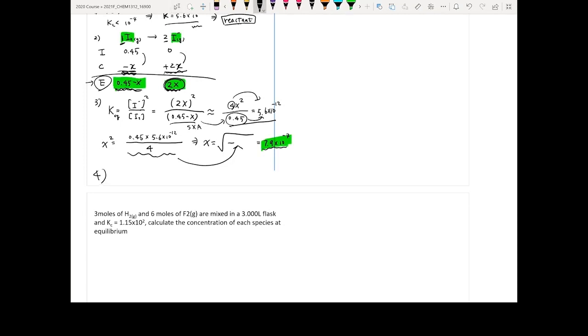Step number 4. You want to make sure that the X you solved is correct. The way you check it is, if that is my small x, then I can use that to calculate my K, right?